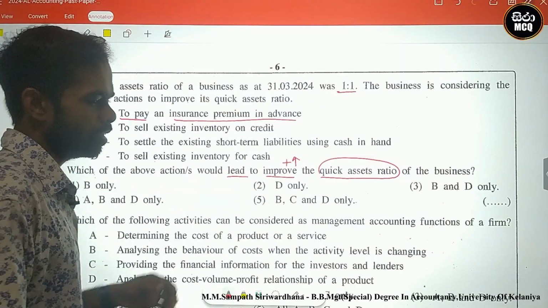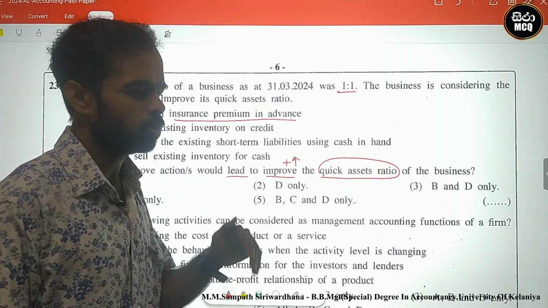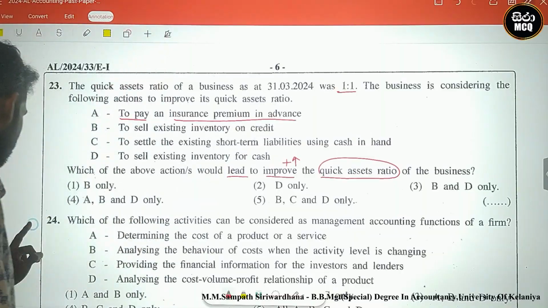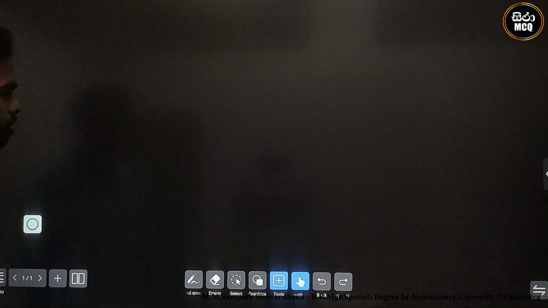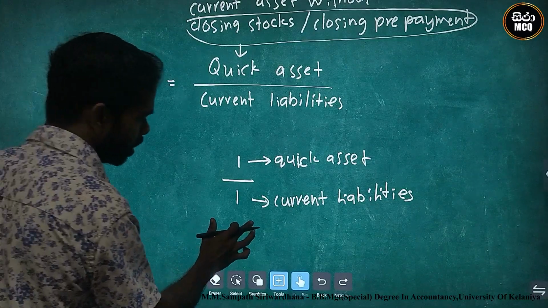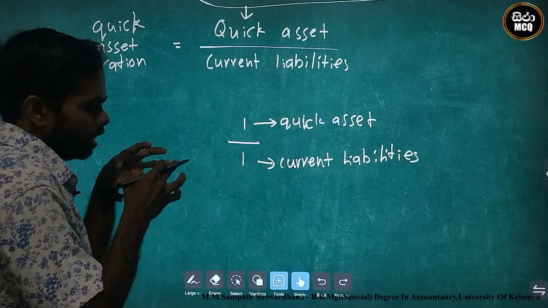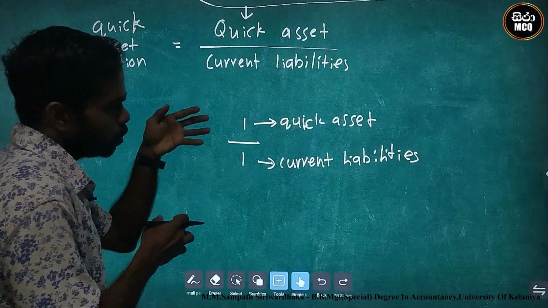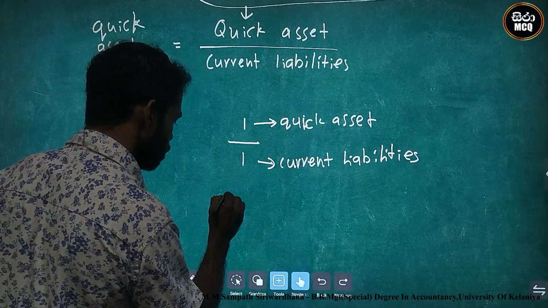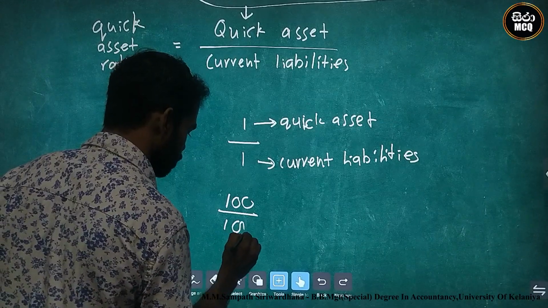There is a payment, an insurance expense in advance. Look here, what is the double entry? Before I write the double entry, I include some values in the quick asset ratio. Look here, this is 100 and this is 100.